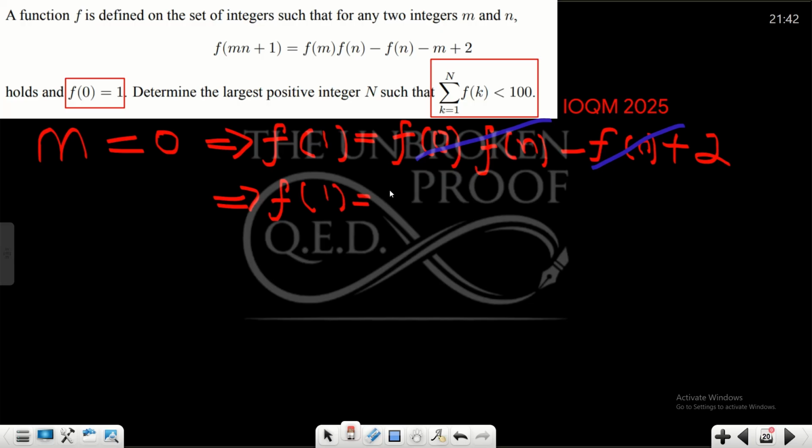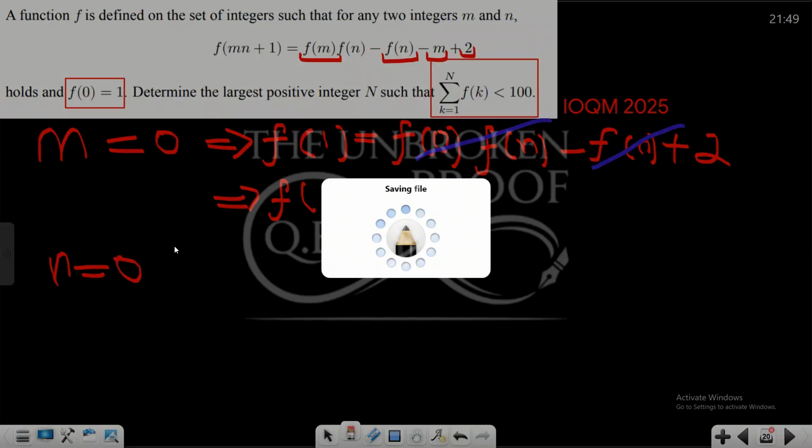Alright, f of 1 is 2. After m equal to 0, if we take n as equal to 0, then what will happen?